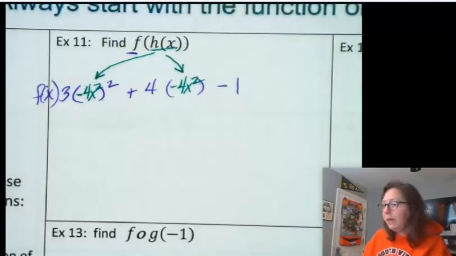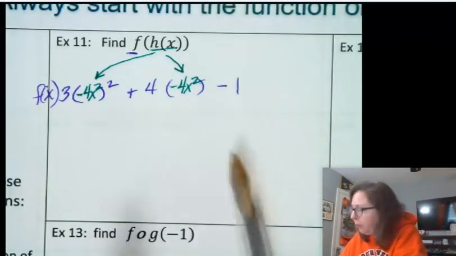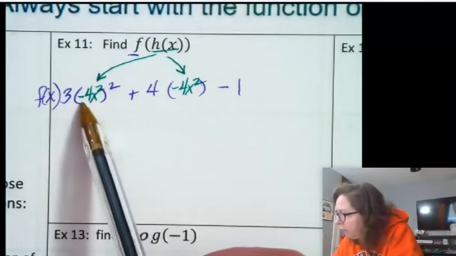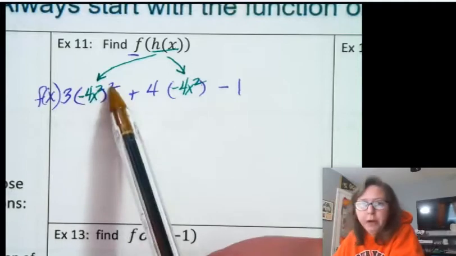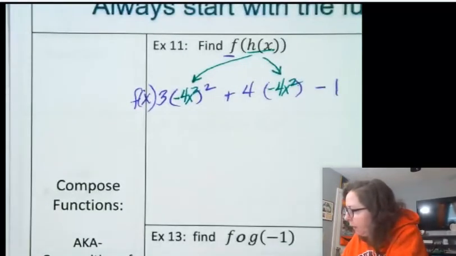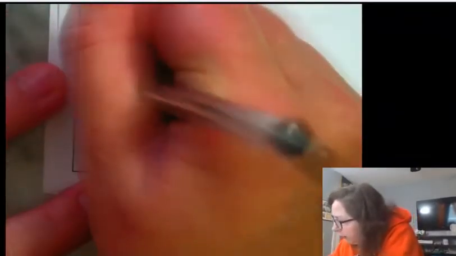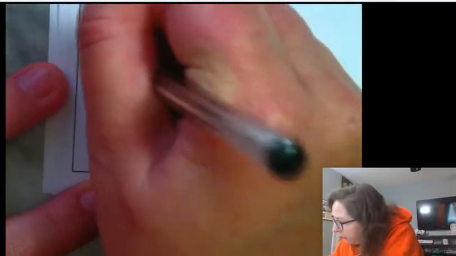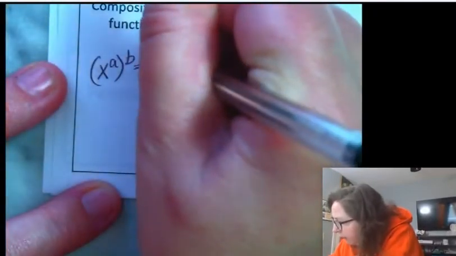Okay, and so now I'm ready to simplify this. So let's start with our parentheses. Negative 4x squared, squared. So let me write our exponent rule again here. I'll put it at the bottom. x to the a, to the b, equals x to the a times b.